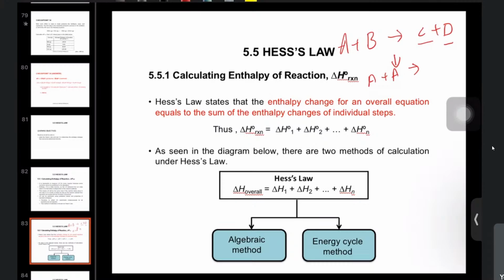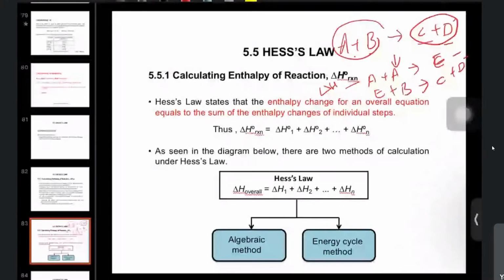Untuk A and B react together menghasilkan C and D ni, dia akan undergo for two step. So step satunya akan ada enthalpy dia sendiri. Step number 2 pun akan ada enthalpy dia sendiri. So bila you nak tahu berapa enthalpy for this reaction, you kena consider these two steps. Berapa enthalpy for these two steps. So ini dikatakan sebagai Hess Law. So nak tahu berapa enthalpy reactions. Let's say you ada step 1, step 2 dan sampai berapa lah.